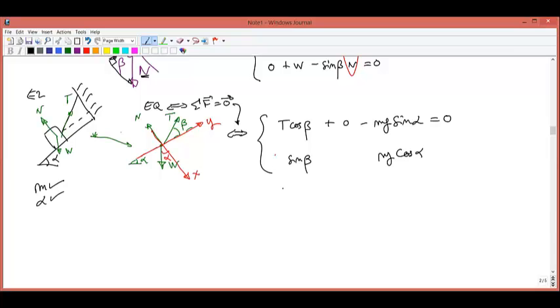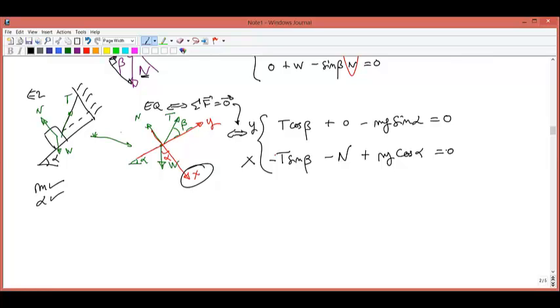Oh wait, that was my y-axis and my x-axis, sorry. Is that correct? T cosine positive, yeah. So the x component of my T is therefore negative, because I chose positive x to be down. My N is also going to be negative, and my mg cosine alpha is going to be positive. Done.